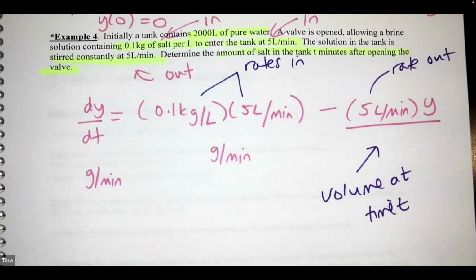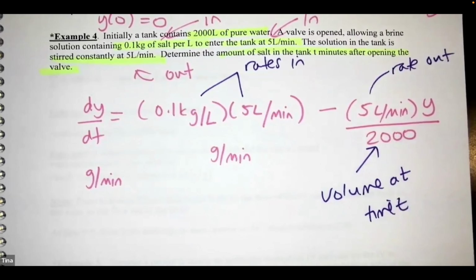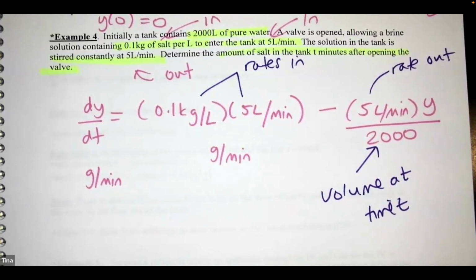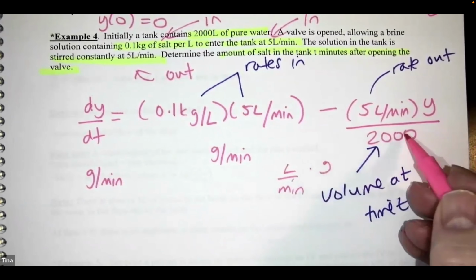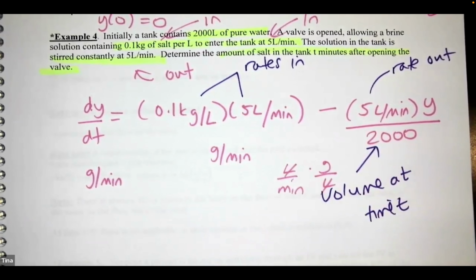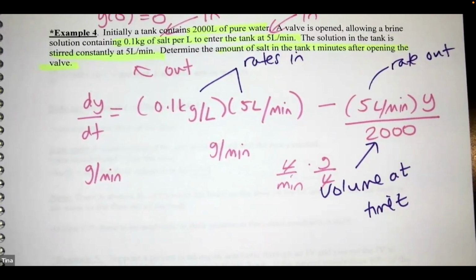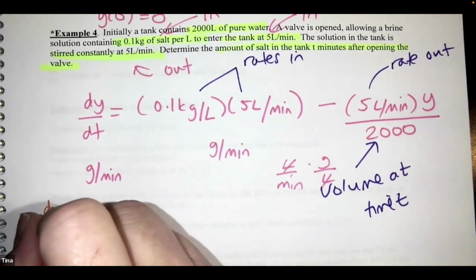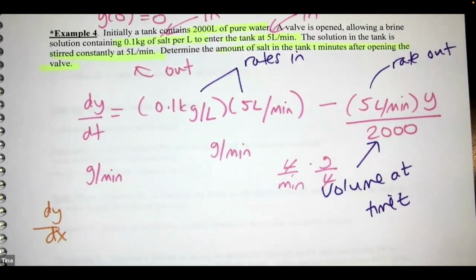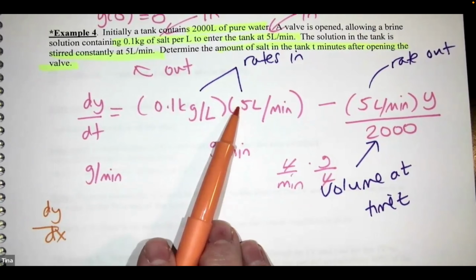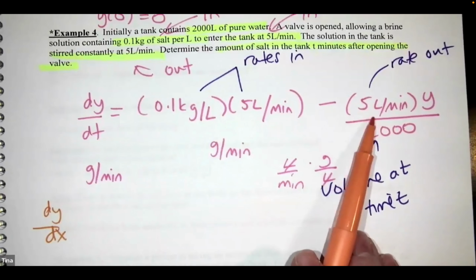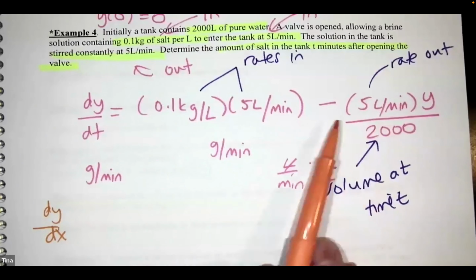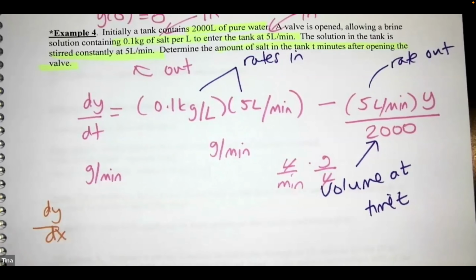So in this case, it's going in and out the same rate, so it's just always going to be a volume of 2,000. Okay? And the units are okay again because it's liters per minute and grams, and then the bottom is liters, so they cancel again. So if I write it a little bit easier for linear, 0.1 times 5, that's 0.5. That's going to stay on the right. This 5 over 2,000 is going to move across, and it's going to be plus, right?